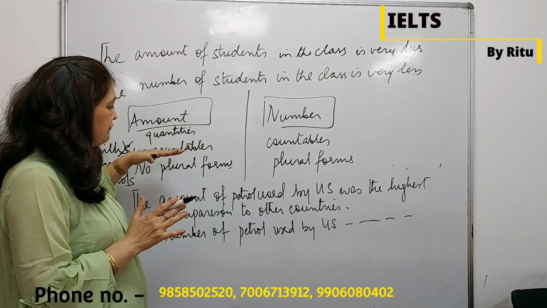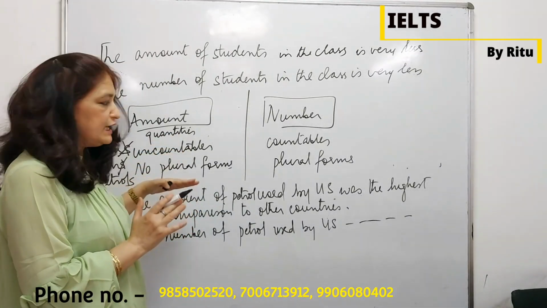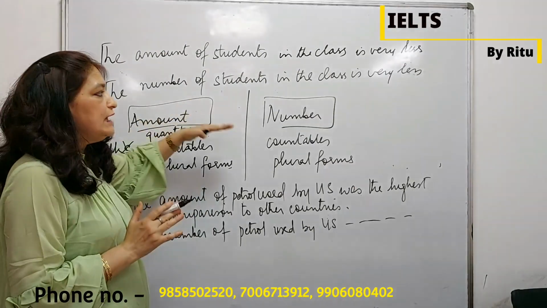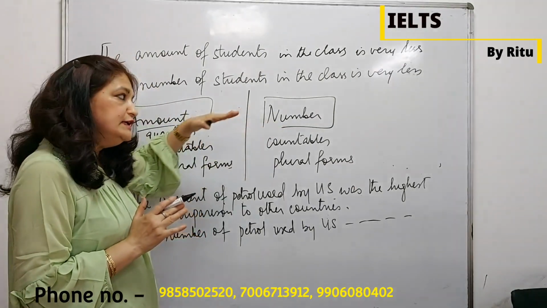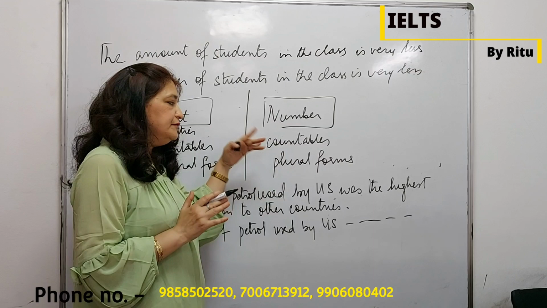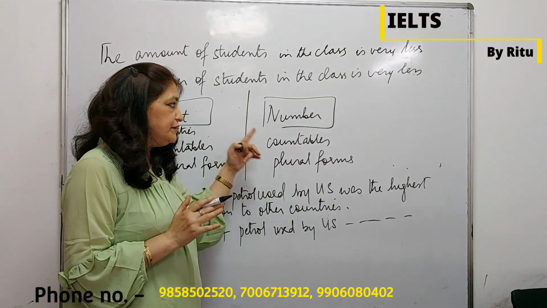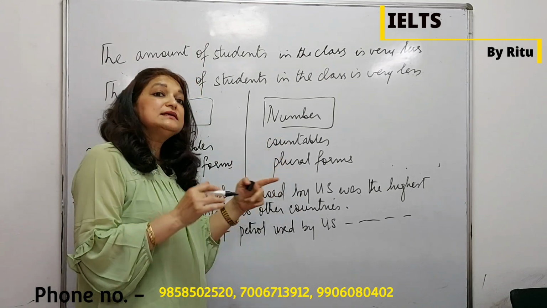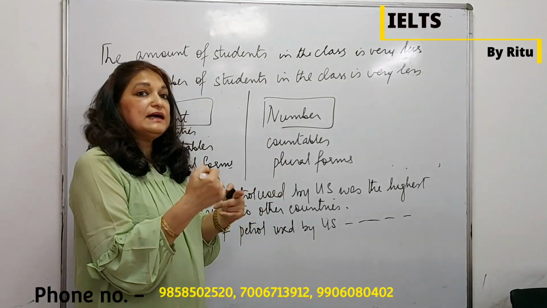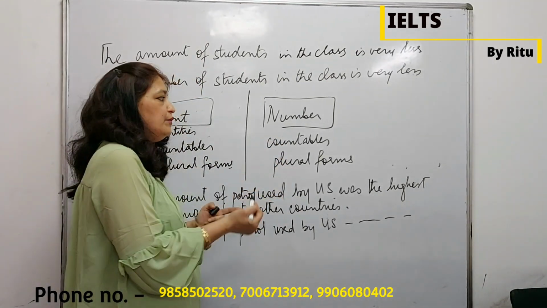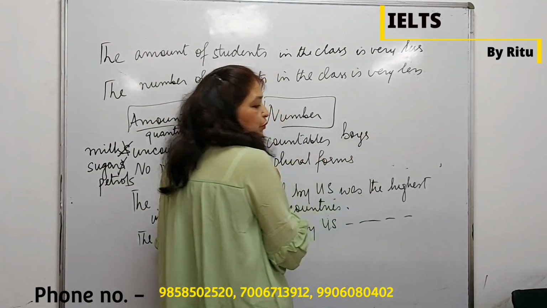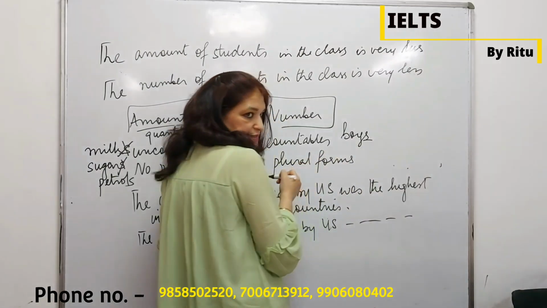And whenever we have to explain these nouns in our sentences, we can use the word amount. Now, what is number? Whenever you are using the word number, first of all you have to understand that the noun over there is countable. When I say countable noun, it means the noun has its plural form. For example, boy, I can say boys.